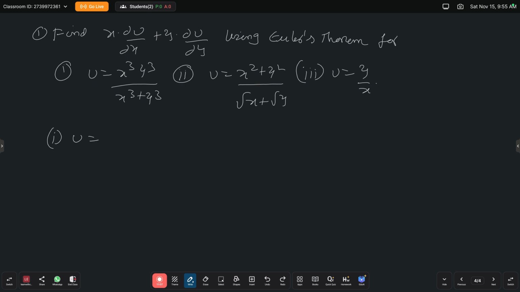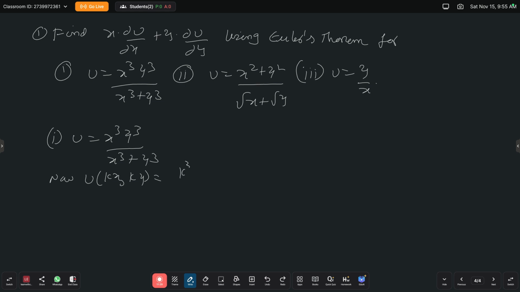We can determine the three functions. So the first one, x cubed y cubed by x cubed plus y cubed. Now the function u of kx comma ky. Here there are two variables, x and y. x is replaced by kx, y is replaced by ky.